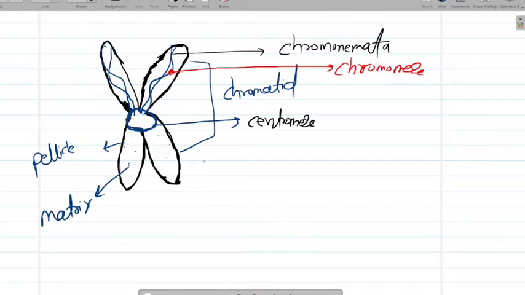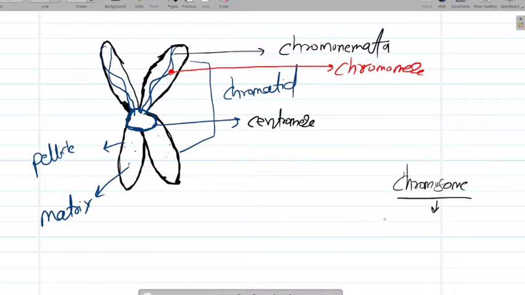Before starting it, you should know the meaning of chromosome and what they help in genetic processes. Chromosome is the biggest unit of heredity. It helps for transferring the genetic characteristic from one generation to another generation.